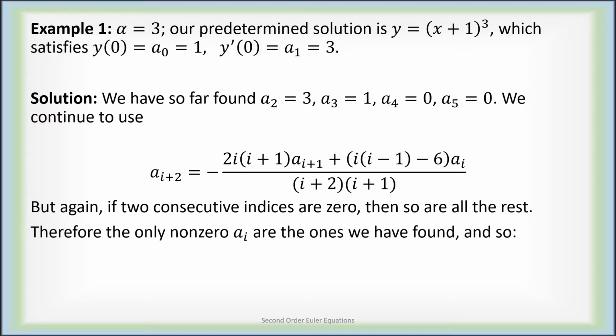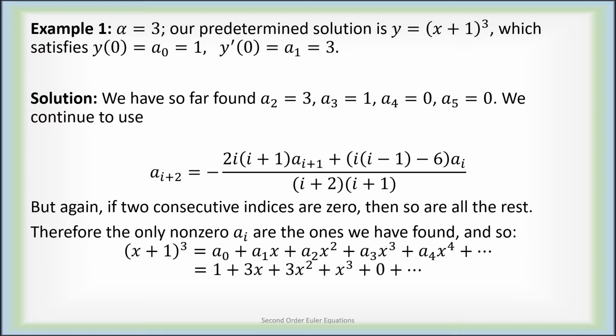So the only a sub i's that aren't 0 are the ones we already found. Therefore, x plus 1 cubed has this power series representation, but a sub 0, a1, a2, a3 are not 0, but everything after that point is. So we have found 1 for a sub 0, 3 for a sub 1.